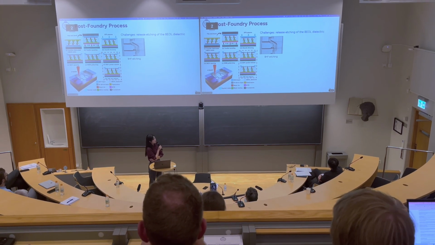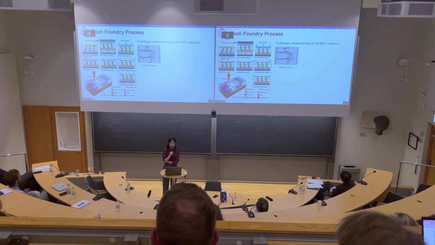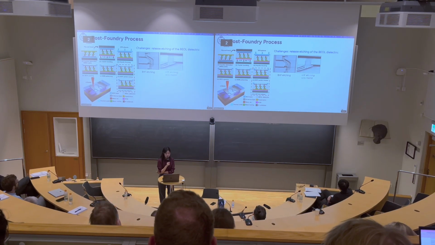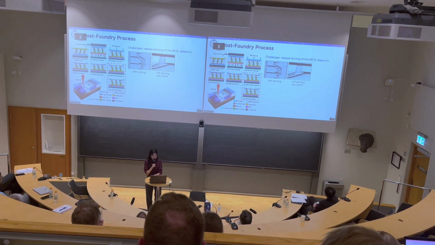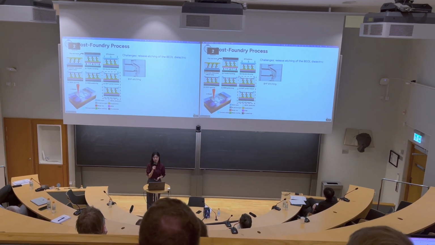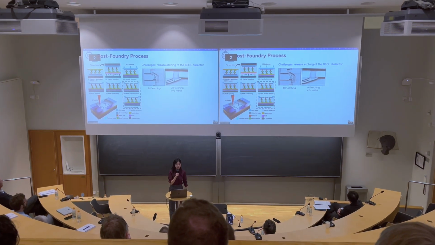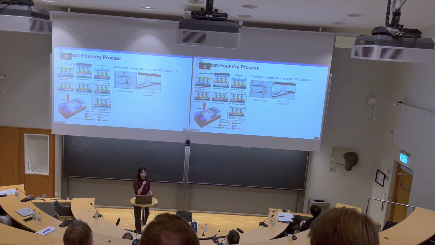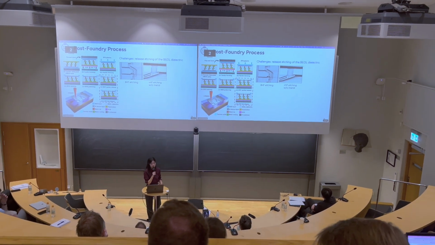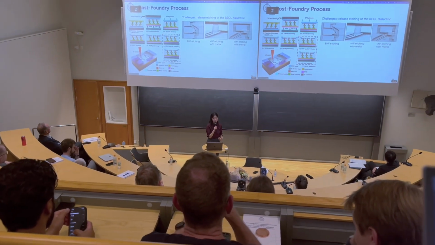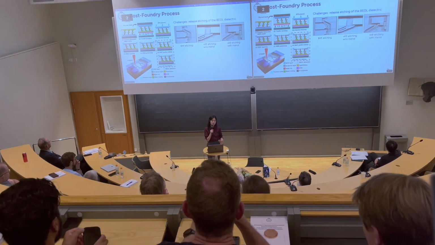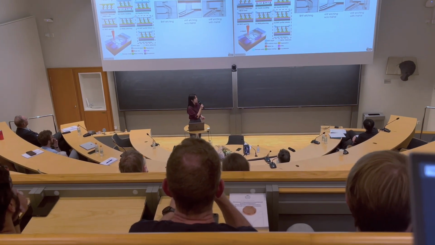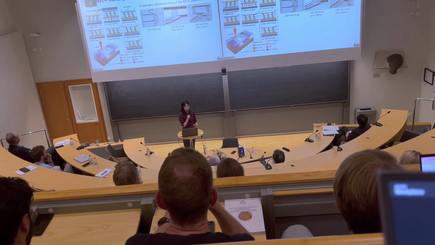For example, this is the result after the buffered HF etching, and if you see the oxide layer in the switch gaps, it looks very nice and uniform. But if you do it with an extended vapor HF release, you see those pinholes created on the oxide layer. And especially when there is a reactive metal on the switch contact on the oxide layer, the phenomenon is much more severe.